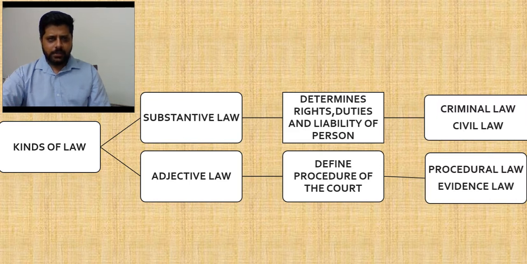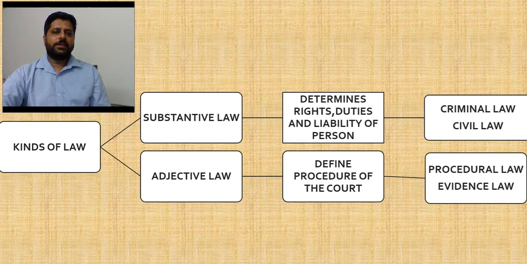In adjective law you will see procedural law and the evidence law. Procedural law, as in CrPC, the Criminal Procedure Code, and CPC, the Civil Procedure Code, and the Evidence Act. Therefore, the evidence law is an adjective law, and it shows the procedure of that particular evidence.